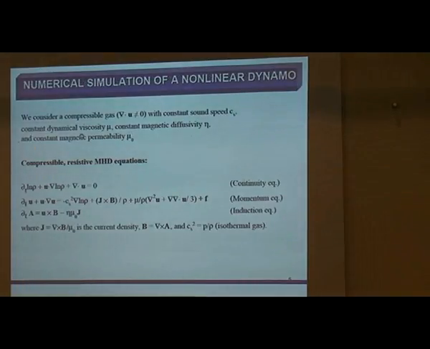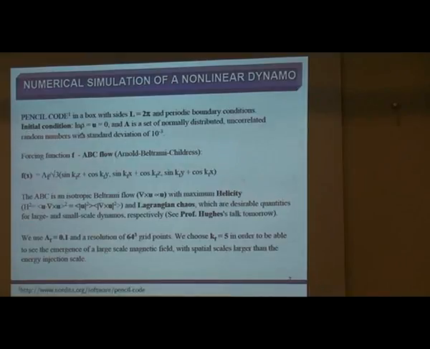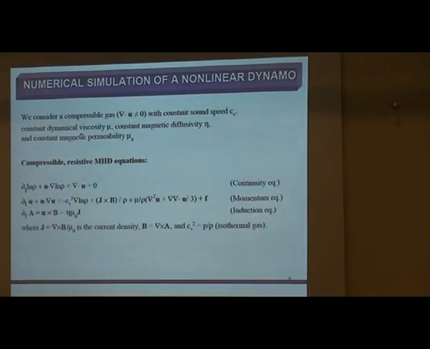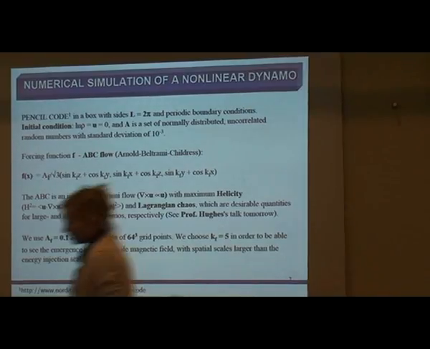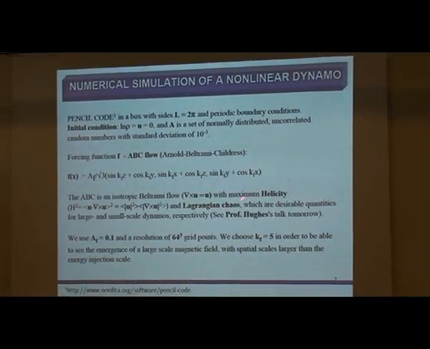The model is this, using the Pencil Code. What is to be observed here? Well, we have a forcing, which is the ABC forcing, in an isothermal gas for simplicity. The A, B, C coefficients are just regular. It is helical, and it does exhibit Lagrangian chaos.